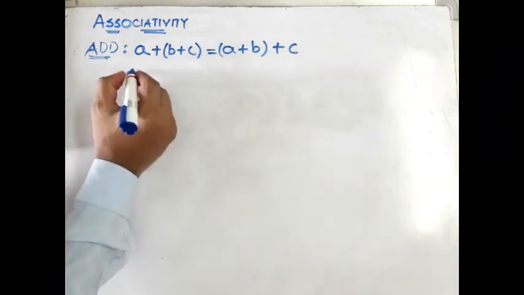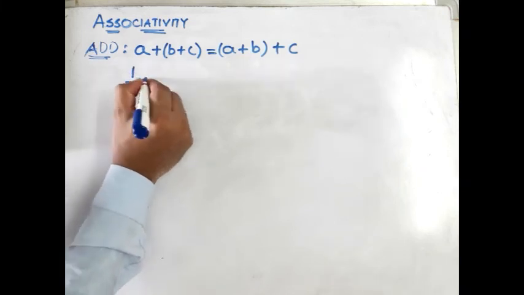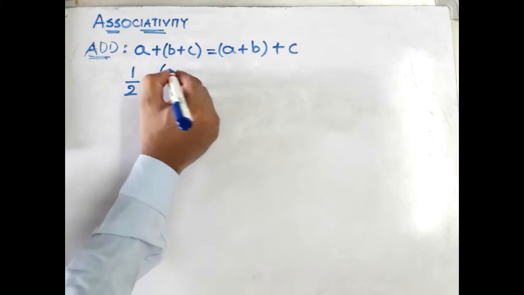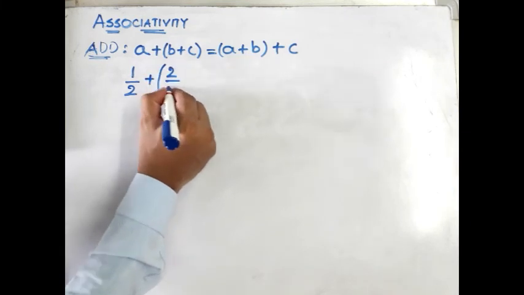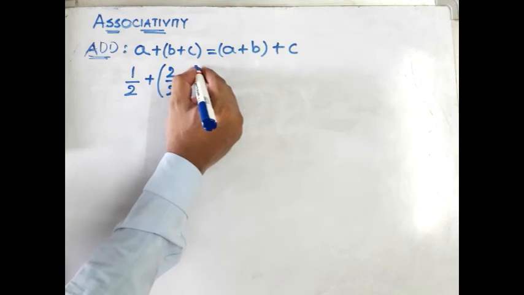Let us check with an example. Okay, I am taking a as 1 by 2, b as 2 by 2, and c as, for example, 4 by 2.